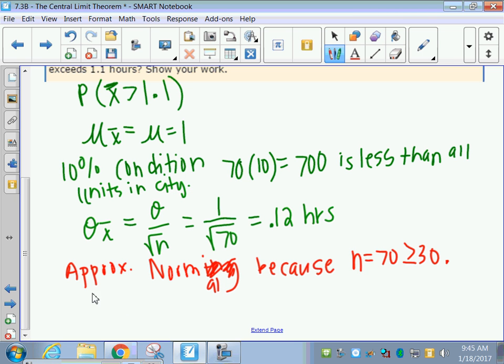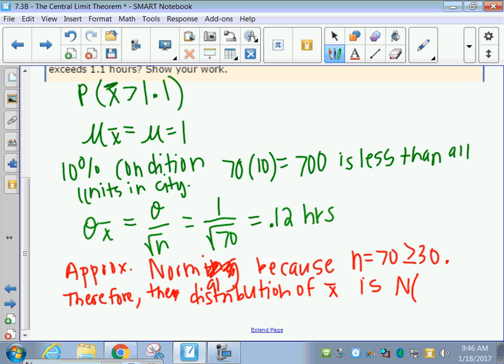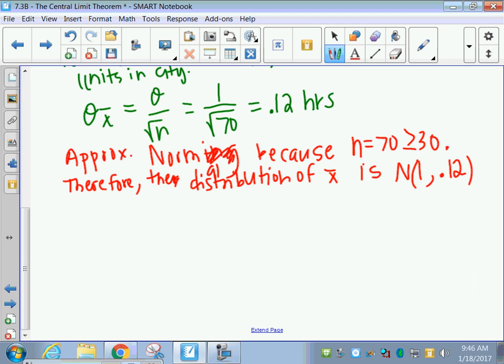So now we can say therefore, the distribution of x bar is approximately normal. You can do that capital N, 1, 0.12. So we always write normal, mean, then standard deviation like that. So we can draw a little graph to find our probability.